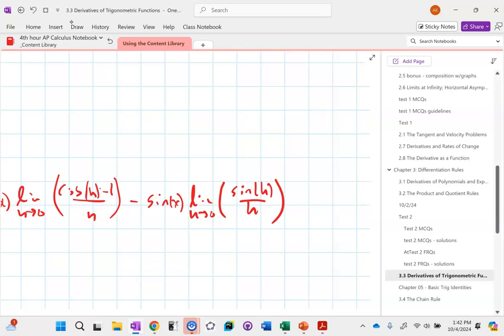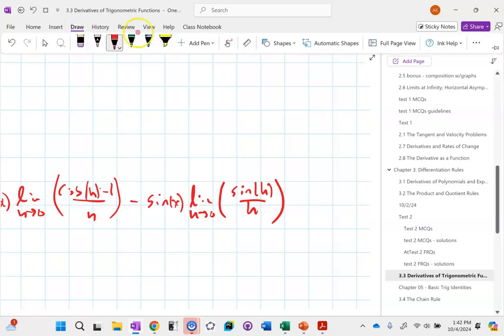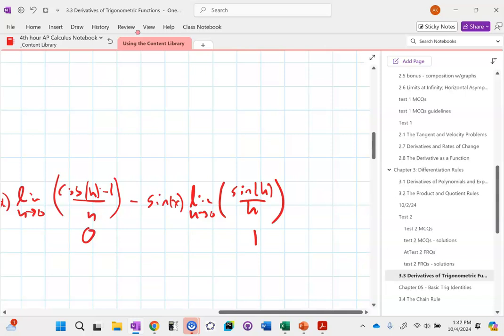And if we go back and look, we know that this limit is 0 and this limit is 1. So that just leaves me with negative sine x.